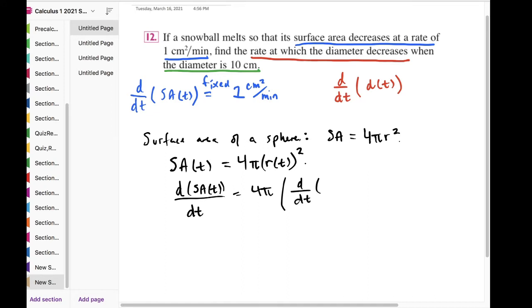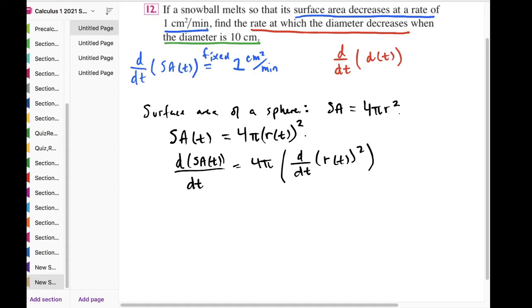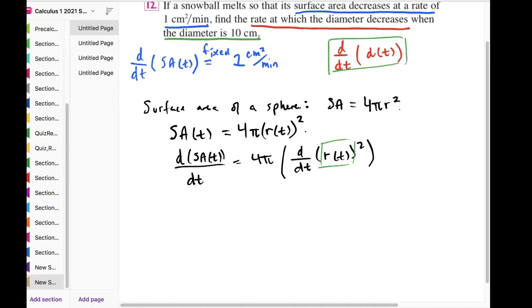What do we want to find, and what do we have right now? We want to find the rate at which the diameter decreases, right? But right now we have a function of radius. So how can I write one in terms of the other? I want a d to appear here, for diameter.